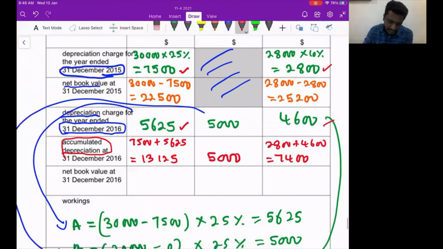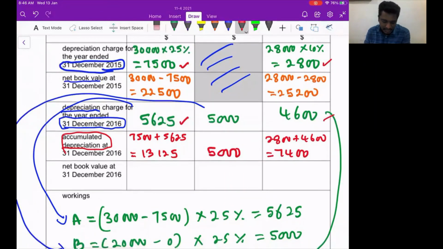Okay, last one, they asked for net book value. How to calculate net book value? You take the original cost, which is 30,000, minus the total depreciation now, 13,125.